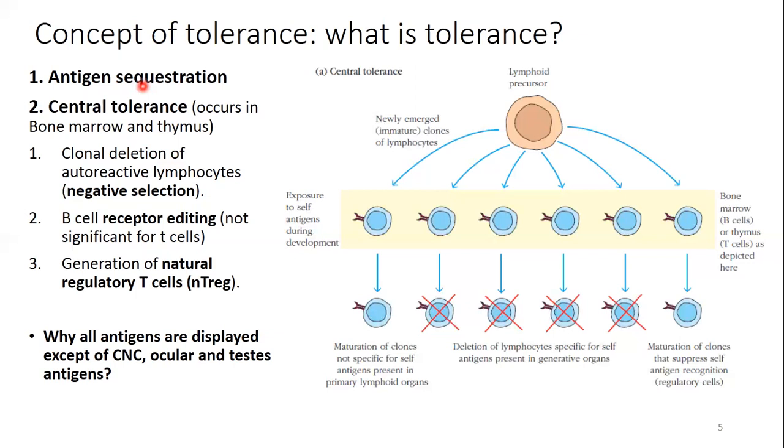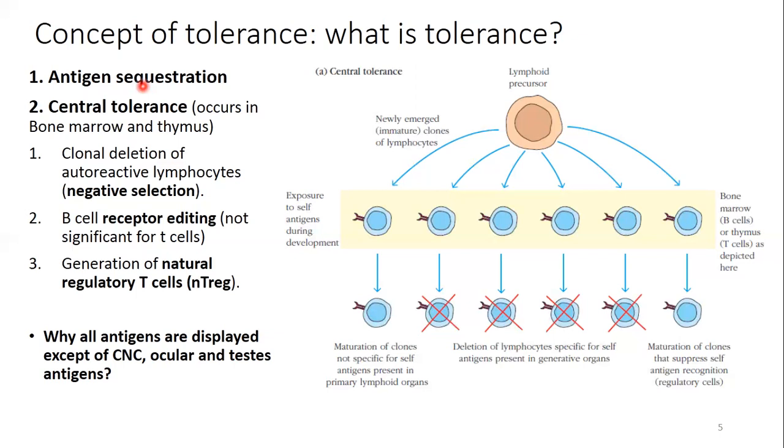These organs also upregulate Fas and Fas ligand. The benefit of Fas and Fas ligand is that whenever a lymphocyte is activated, it has a short half-life and should undergo apoptosis.